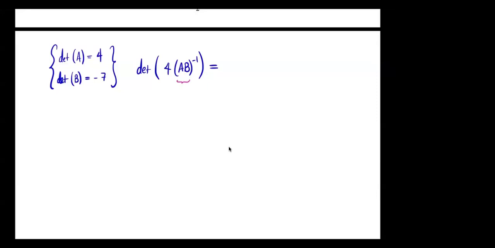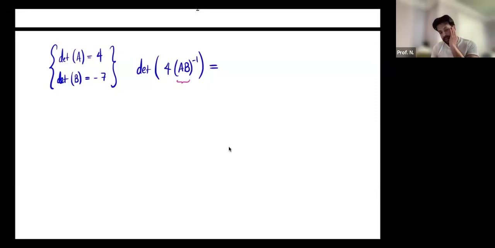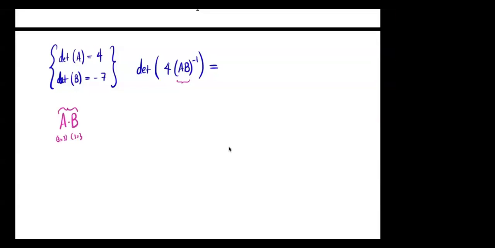I'm not asking you for the determinants, I'm asking you for AB. Remember, A is a 3 by 3 matrix, and B is a 3 by 3 matrix. So what is AB going to be? 3 by 3.